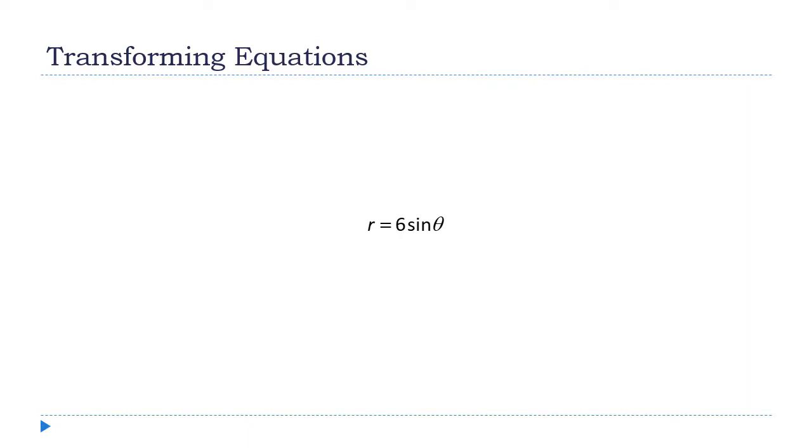So first, here's what I'm going to do. I'm going to have to be a little creative here. I have a formula for r, but it's got that square root in it. And I really don't have a formula for the sine of theta. But let's do this.